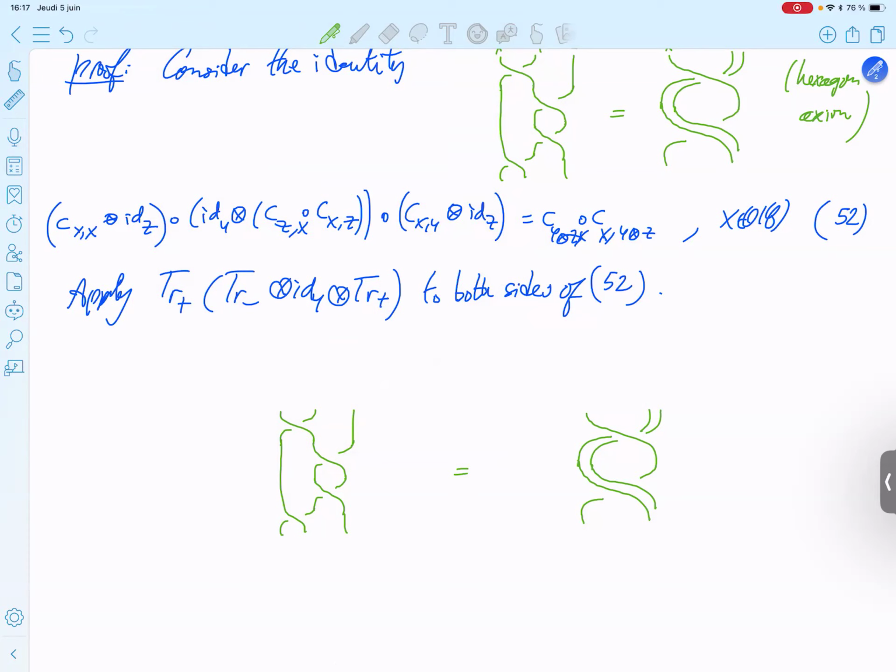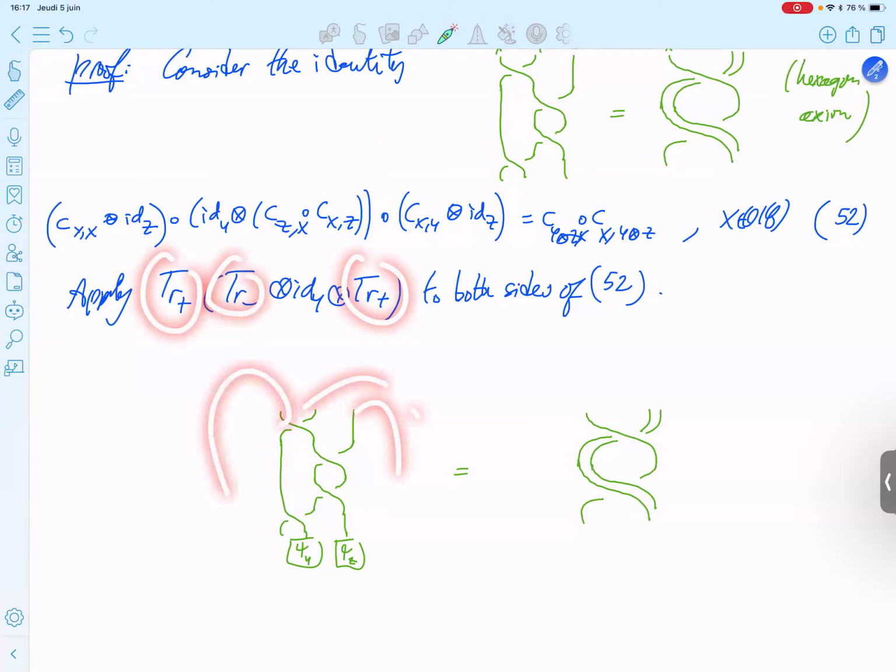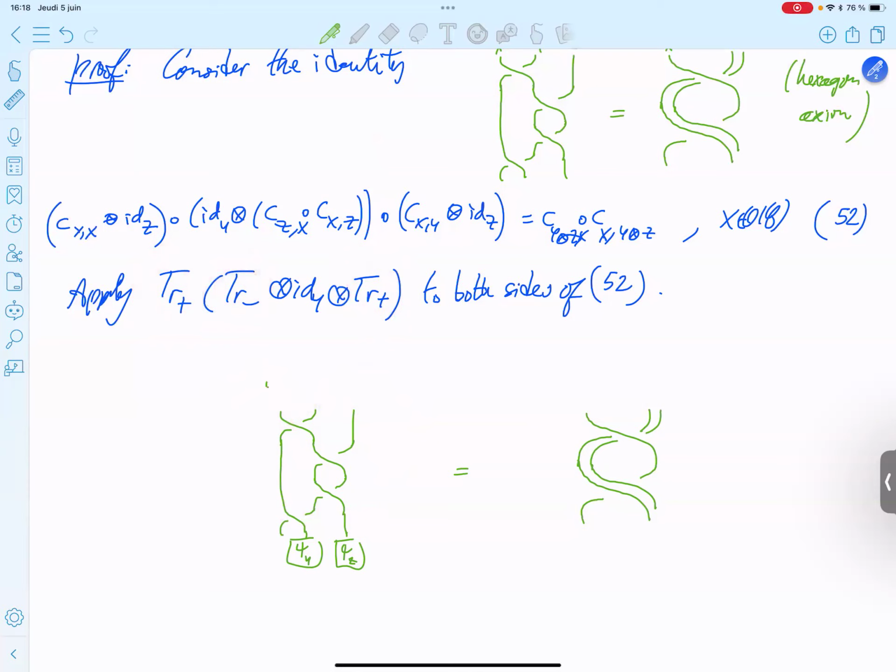Okay. So phi Y, a natural isomorphism like that. So you have two right traces, plus like to here and here, which will go like that, and one which goes like that. Okay. So phi X inverse.